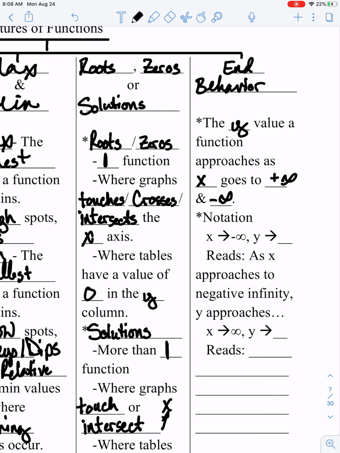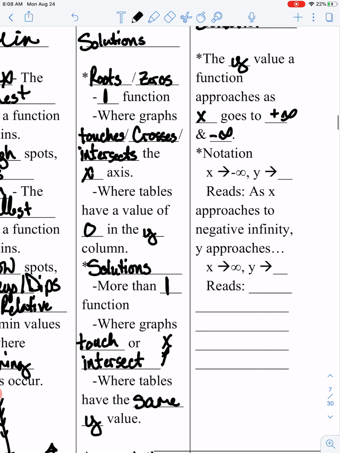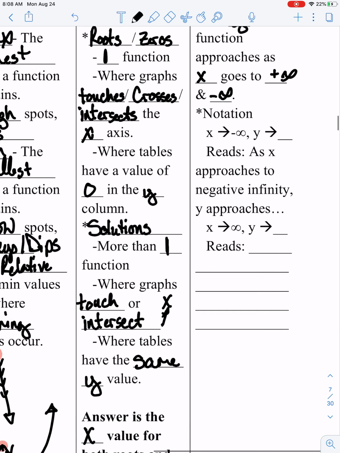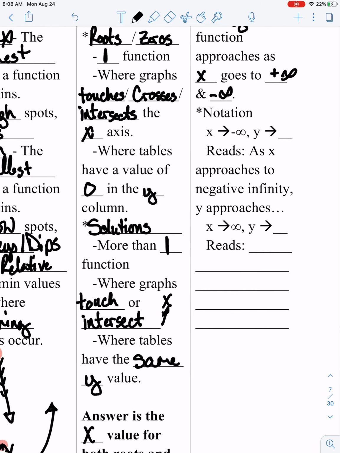So basically, the way this is read, and this is what messed a lot of us up in Math 2, is this notation, right? X arrow simply means goes to. So as x goes to negative infinity, another way I like to think about this is the leftmost furthest piece of the graph. Does the graph point up or down?